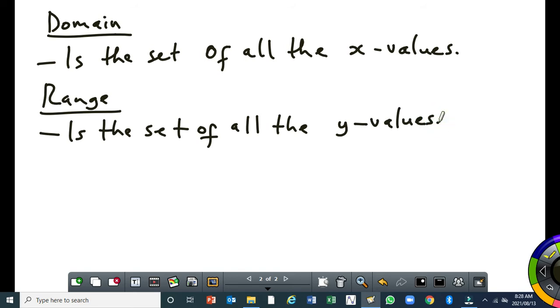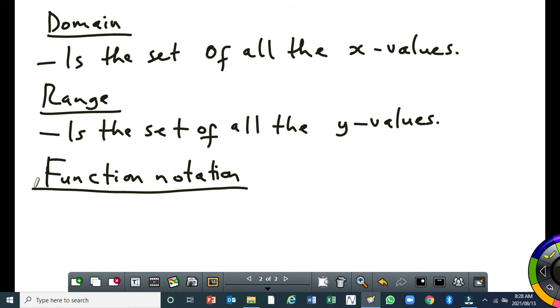Then function notation. Function notation is going to be very, very important under this topic. I'm repeating what I have spoken about already, because it's very important for you to know.